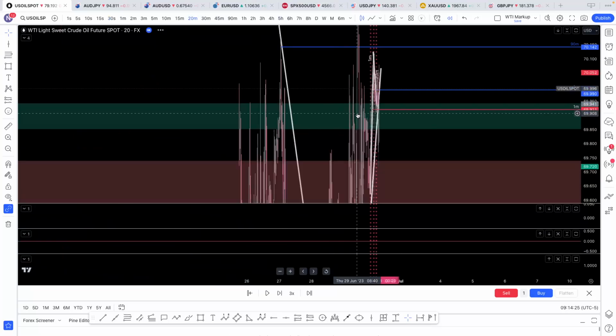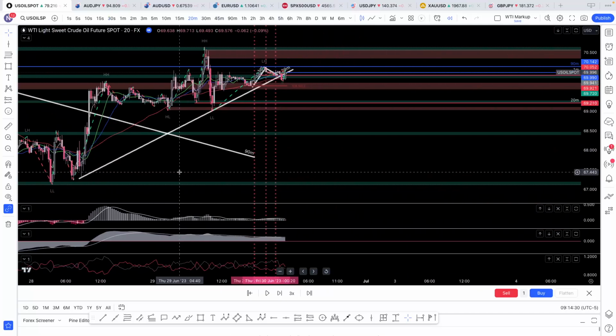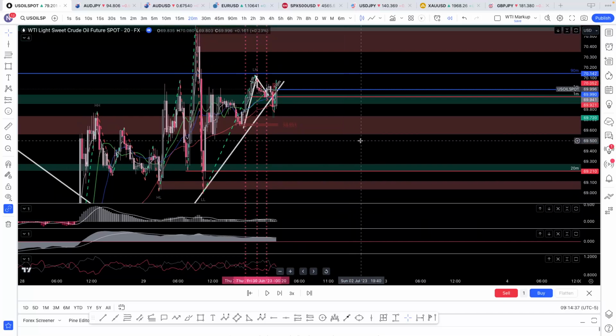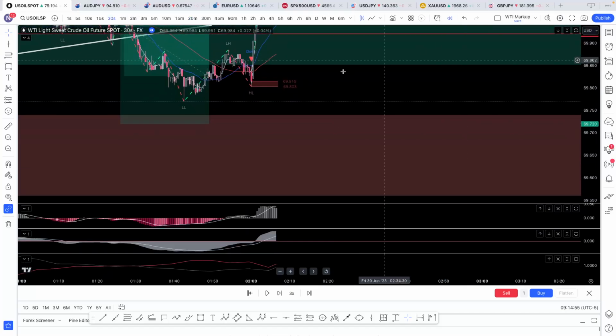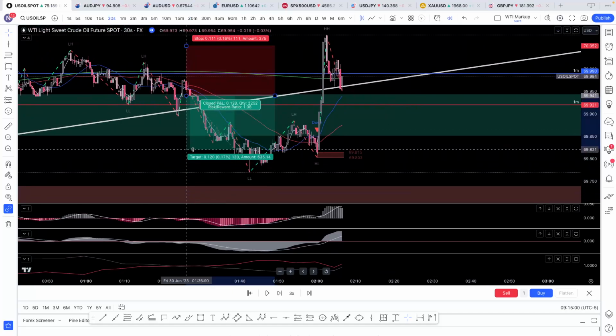If I go to my 20-minute, okay, that was the 1 minute, and this was the 20-minute triangle here. Price had crossed through. Okay, well, almost got there. Had I gone for the 1-to-1, I would have got that easily.